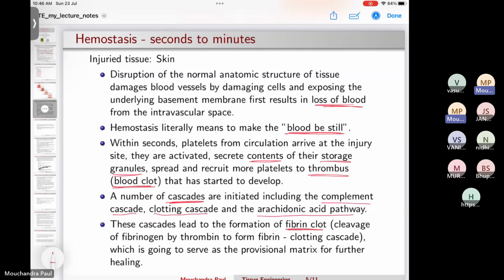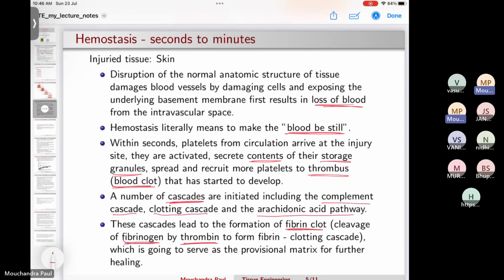What is fibrin? Fibrin is again one hydrogel kind of a polymer, you can say a natural polymer that people have used to their advantage for making scaffolds in tissue engineering. And how is the fibrin formed? The precursor of fibrin is fibrinogen. In the presence of an enzyme called thrombin, this fibrin is formed.